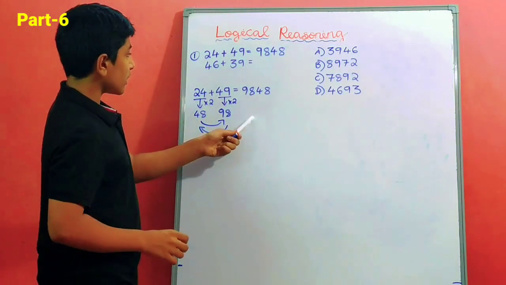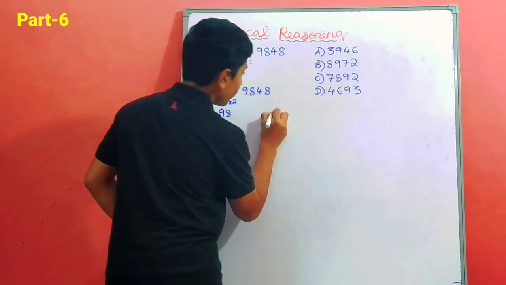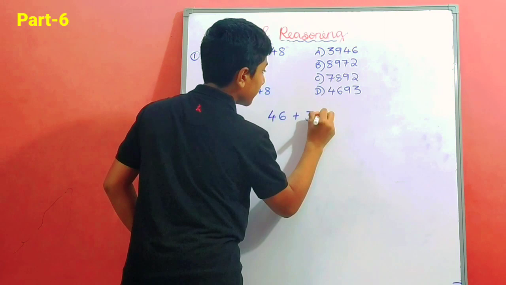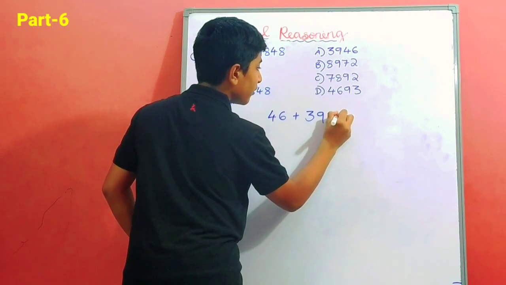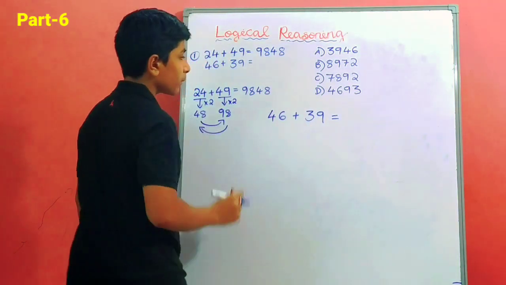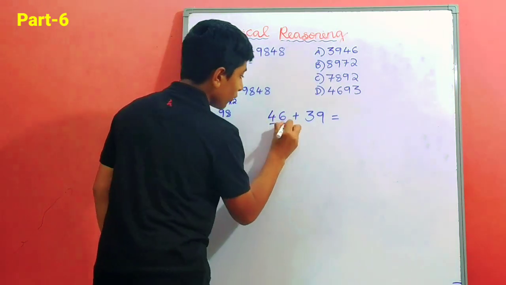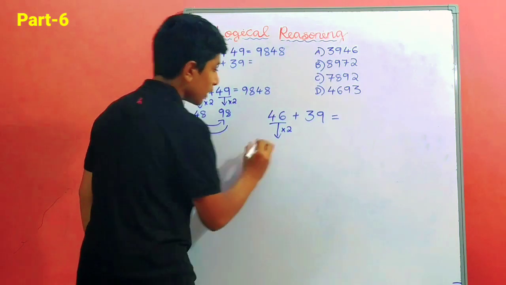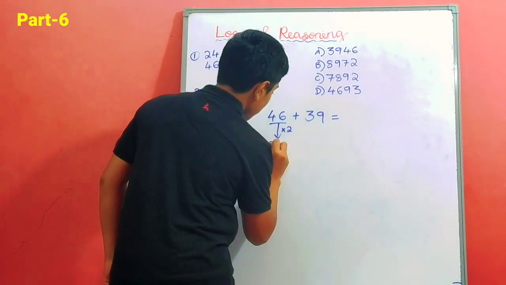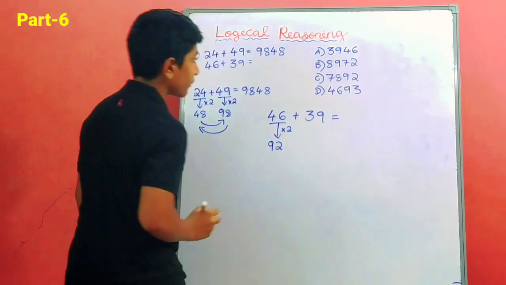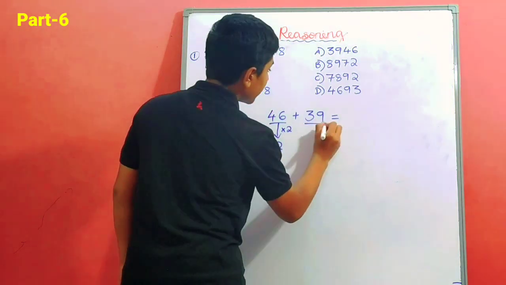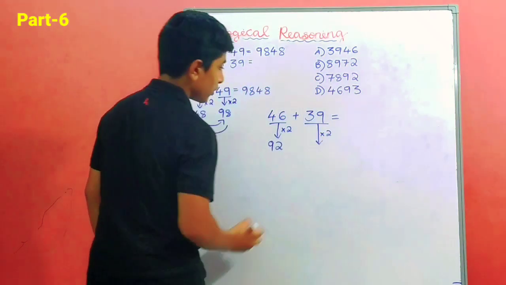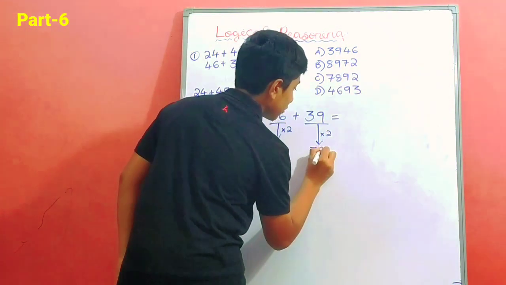If you use the same logic for this one, we have 46 plus 39 to find the value. 46 times 2 will be 92, and 39 times 2 will be 78.